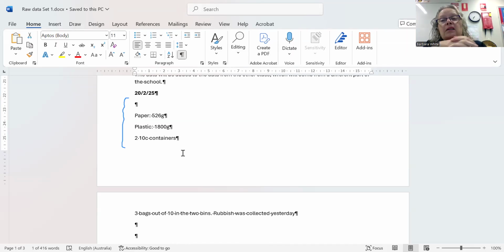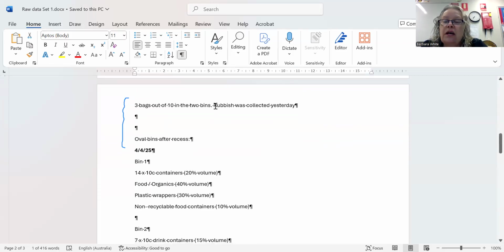Now, there's 40 weeks in a school year. So if you multiply that number by 40, you have an idea of the mass of rubbish that we are sending to the tip every year. With that, you also know the cost of the rubbish that we're sending to the tip every year. It's about $20,000.